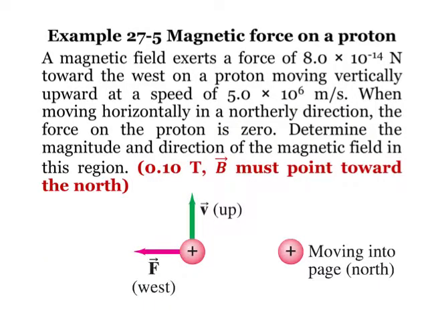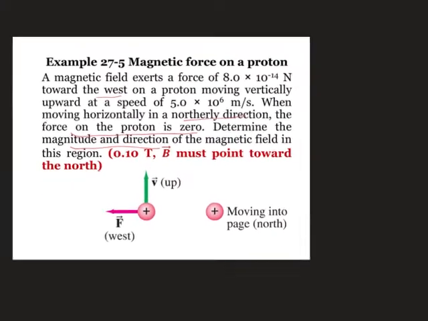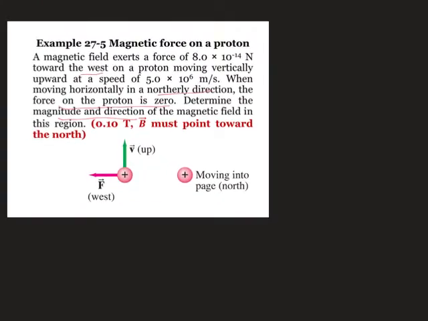So let's proceed to this one. Now the question asks you to determine the magnitude and direction of the magnetic field in this region. The question states that a magnetic field exerts a force of 8 × 10^-14 newton toward the west on a proton moving vertically upward. When moving horizontally in a northerly direction, the force on the proton is 0. So you can find the direction of the magnetic field in two ways.